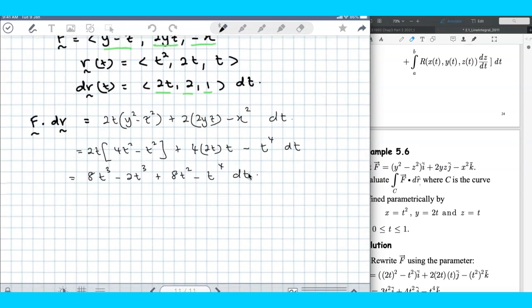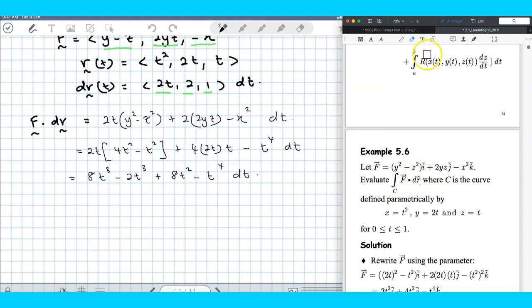So when we plug into the line integral, because we want to get the line integral f dot dr, f dot dr is 6t cubed plus 8t squared minus t to the 4 dt. And what is the limit of t? So it is given, luckily.